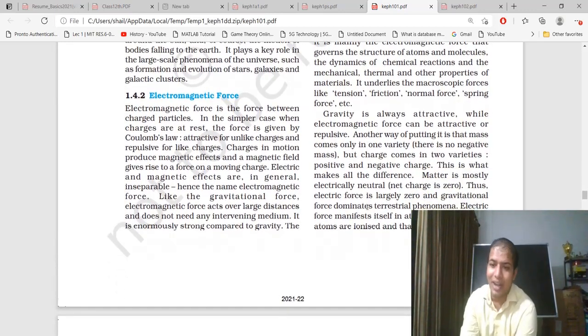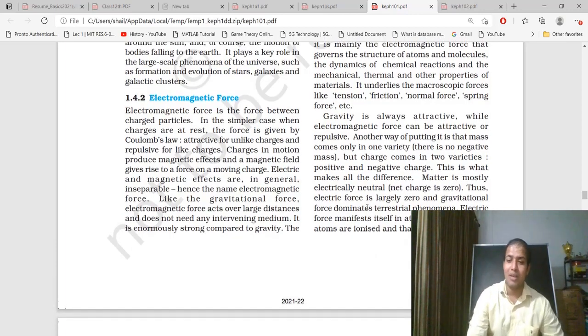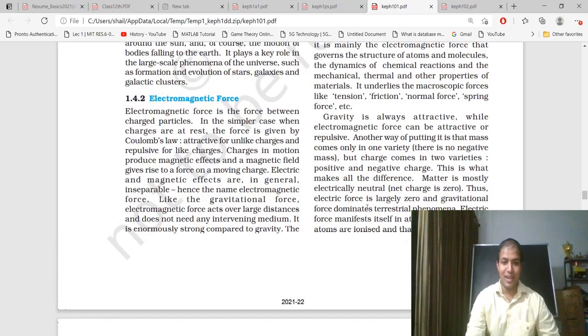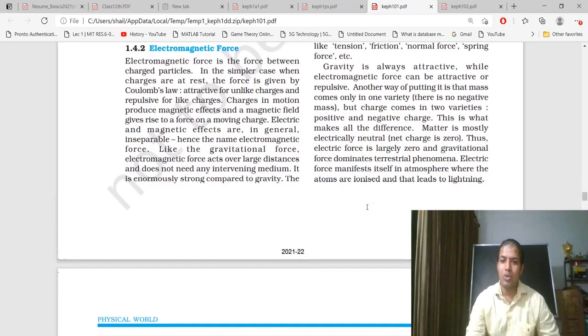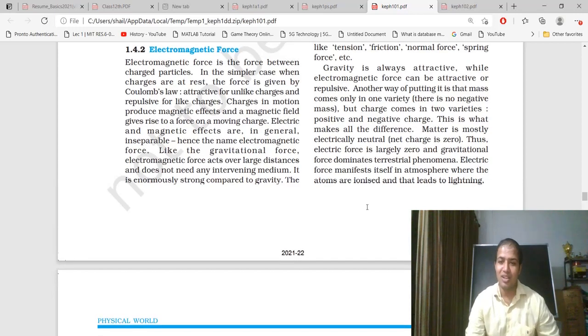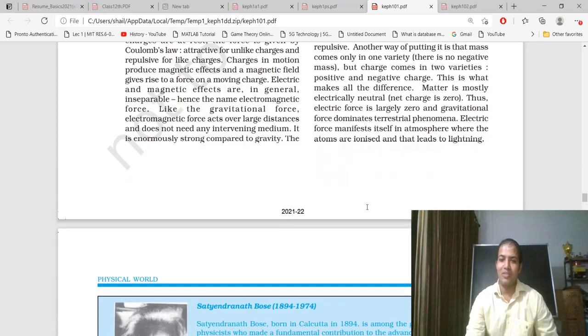Gravity is always attractive, while electromagnetic force can be attractive or repulsive. Another way of putting it is that mass comes in only one variety. There is no negative mass, but charges come in two varieties, positive and negative. This is what makes all the difference. Matter is mostly electrically neutral.